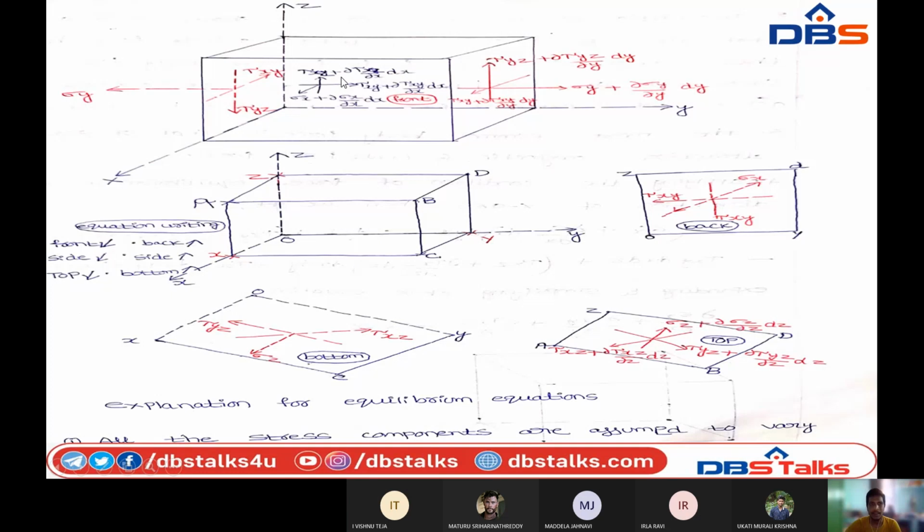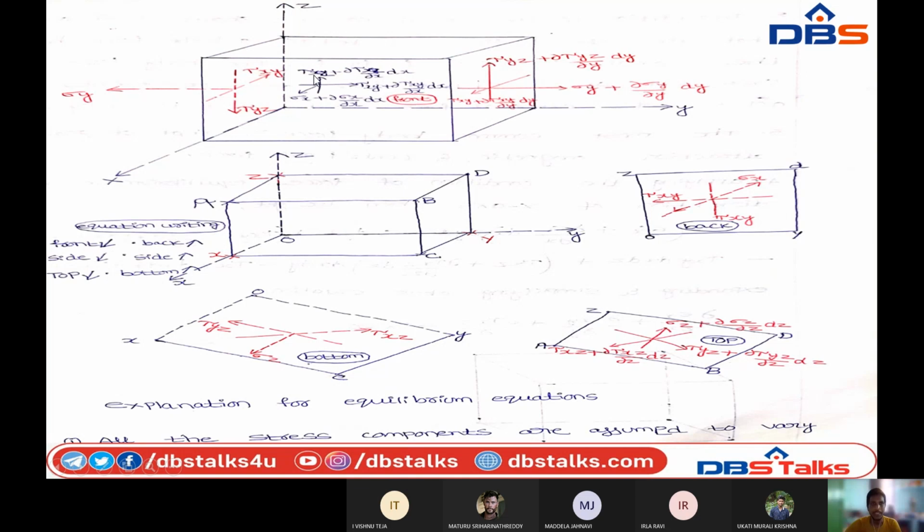The directly opposite will be in backside direction. This is sigma x plus dou sigma x by dou x dx. The opposite will be sigma x only. In this, tau xy plus dou tau xy by dou x dx, the opposite will be only tau xy.